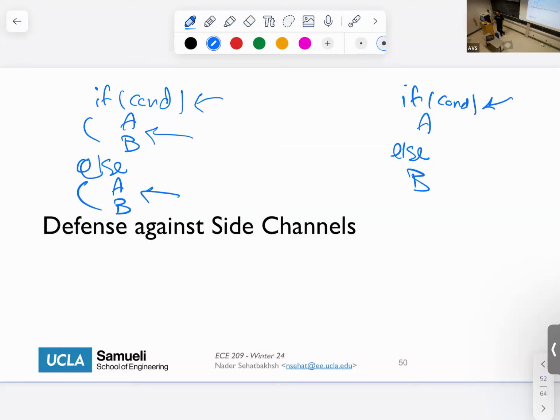Anything else? For the previous example, where you measure frequencies being broadcast by a chip, would it be possible to perhaps broadcast noise to model the frequency that's being measured? Mhm. So you randomize, right? So you kind of confuse the attacker.